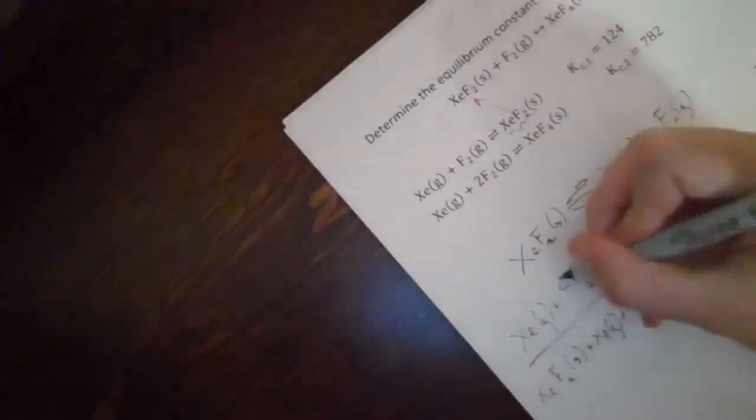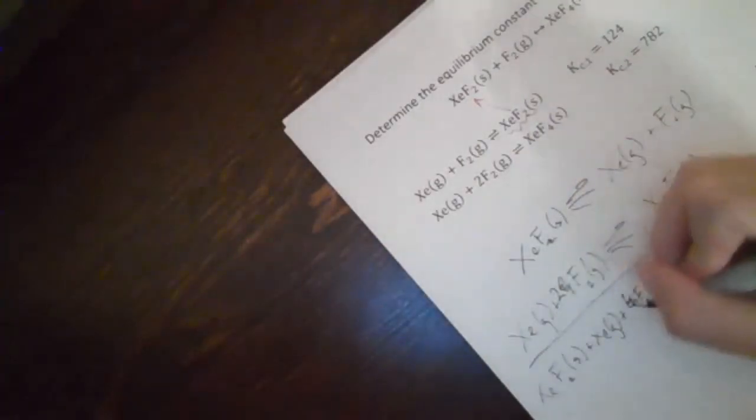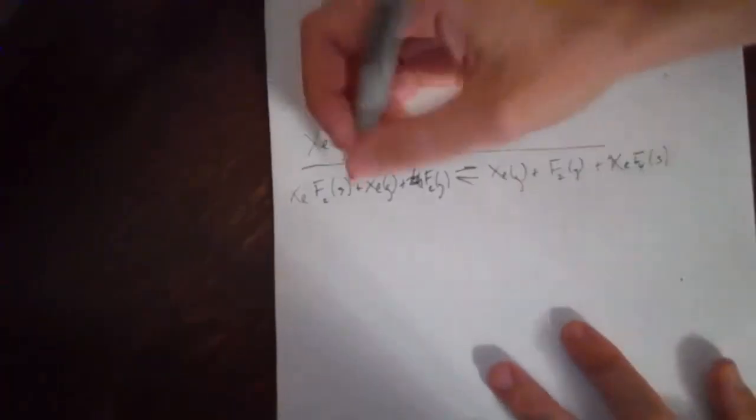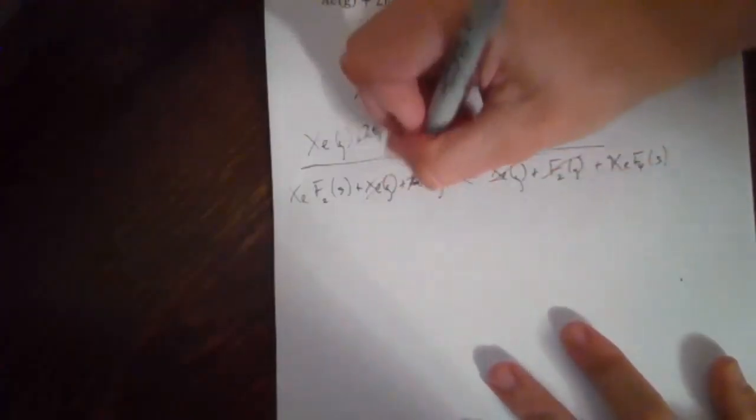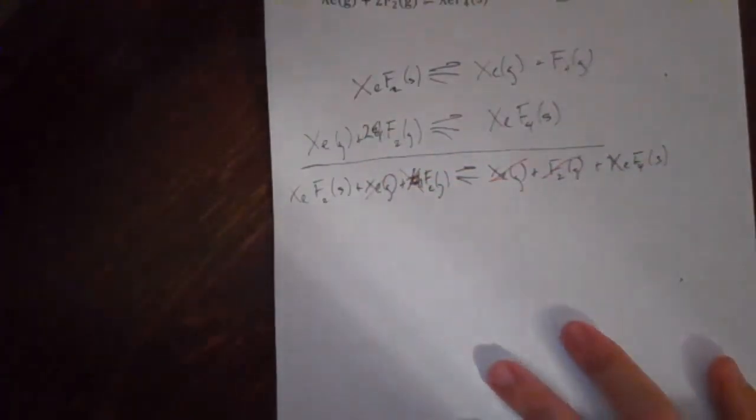The xenons cancel. That shouldn't be a 4, that's a mistake. Sorry, that was a typo. I was doing 2 times 2 in my head. We want to cancel it out. The xenons cancel. This fluorine and that 2, the coefficient, cancel.